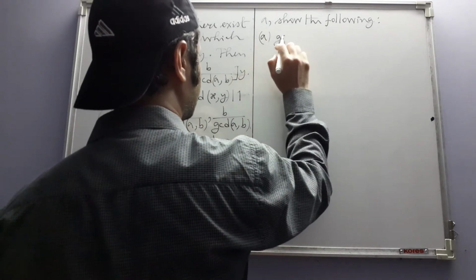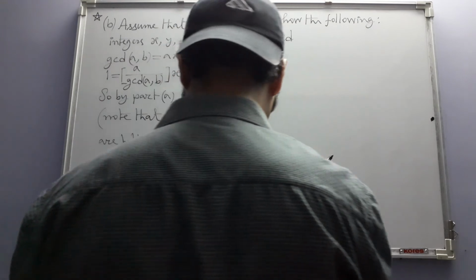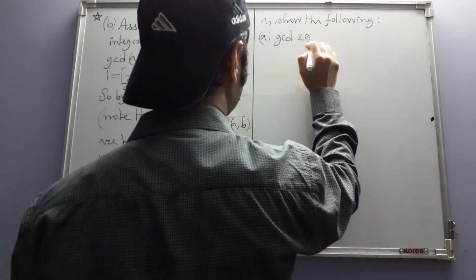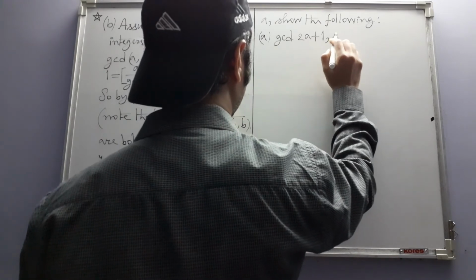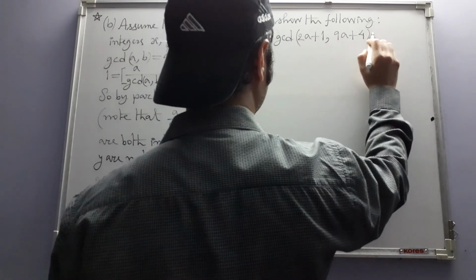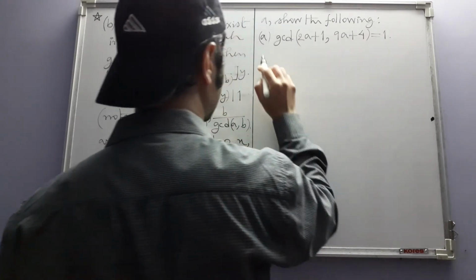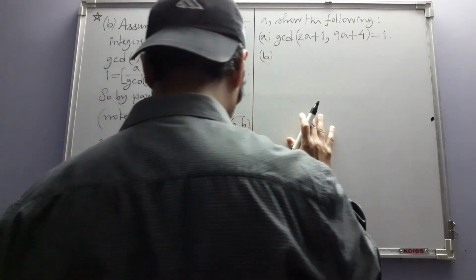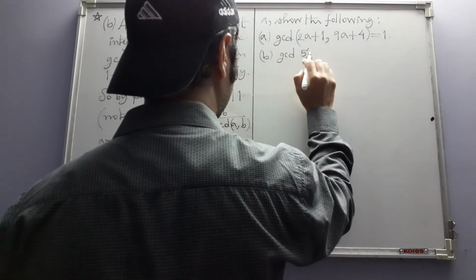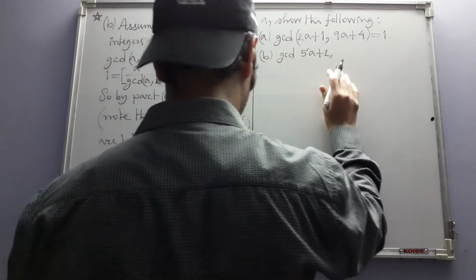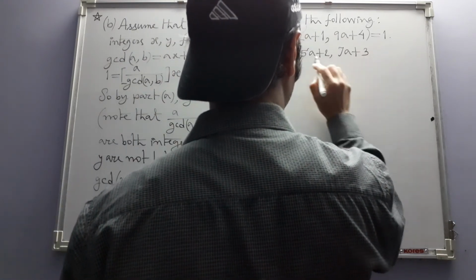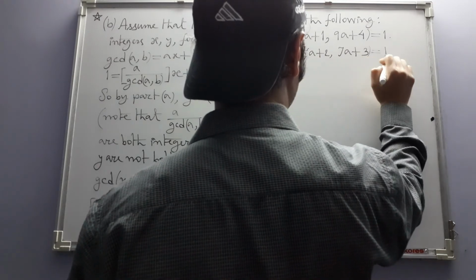Part A, the GCD of 2a plus 1 and 9a plus 4 is 1. Part B, GCD of 5a plus 2 and 7a plus 3 is 1.